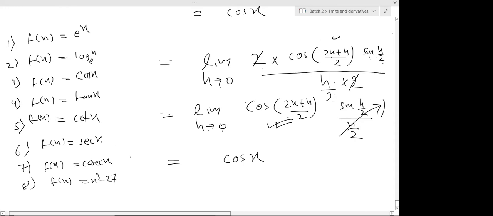Let's solve all these questions using first principles. All right, and if you have any doubts in this type of question, ask me in the next class. Today we are moving forward. I hope this first principle is clear to you all. Note down the questions and this answer.